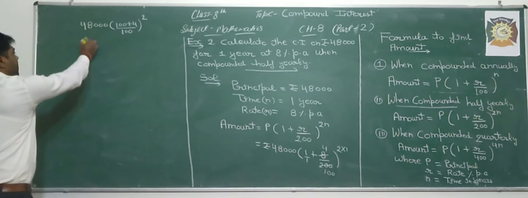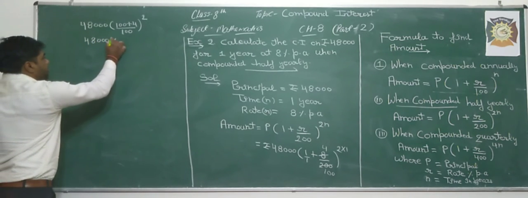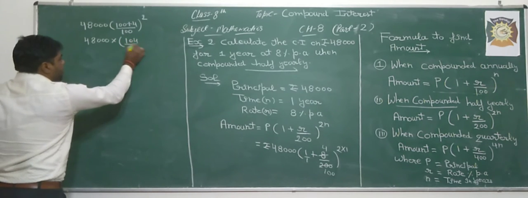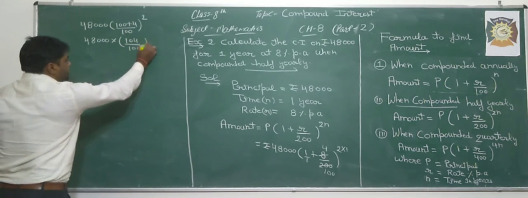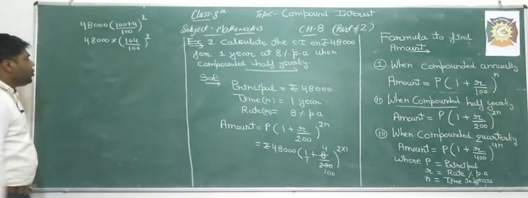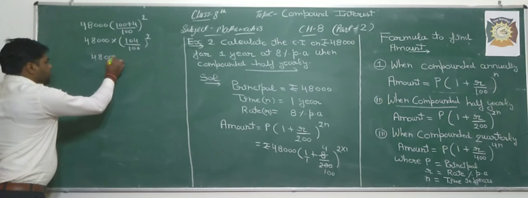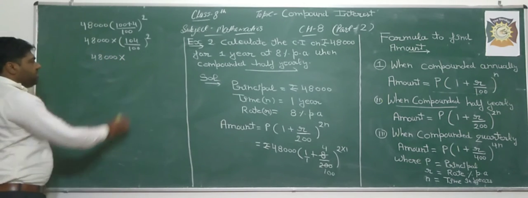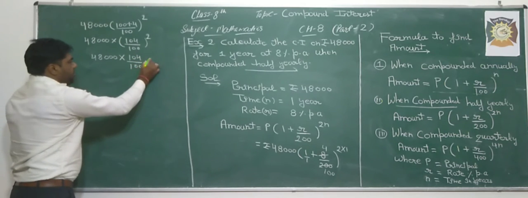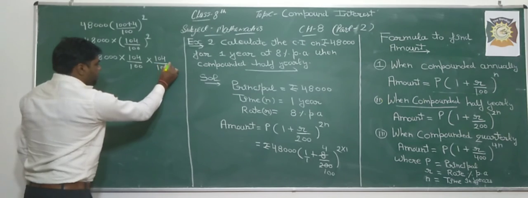Then it becomes 48,000 multiplied by 104 upon 100 raised to the power 2, because its power is 2, so we can write it 2 times. So it becomes 48,000 multiplied by 104 upon 100 multiplied by 104 upon 100.